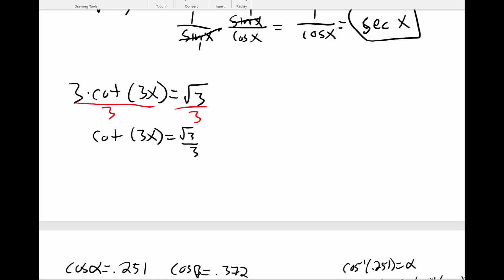So 3x is equal to cotangent inverse of square root of 3 over 3. Now, I'm reading this, it says it wants all the solutions from 0 to 2 pi. So we have to think to ourselves, when is cotangent going to be square root of 3 over 3? Or cotangent inverse of square root of 3 over 3 is what?